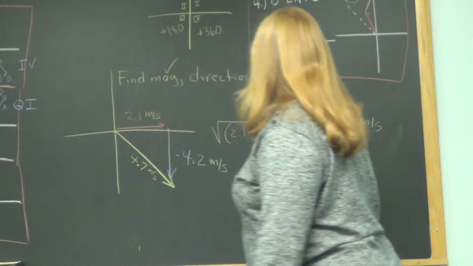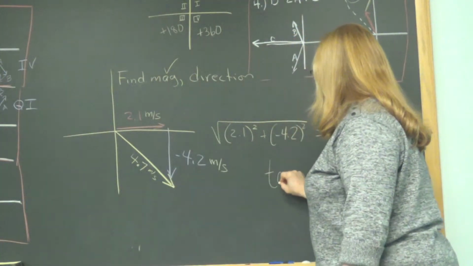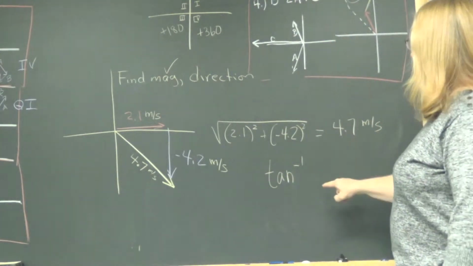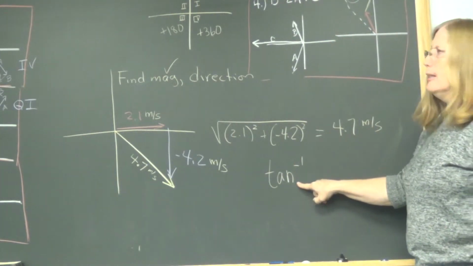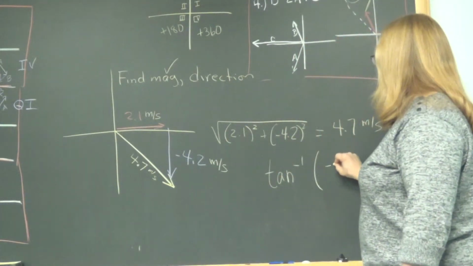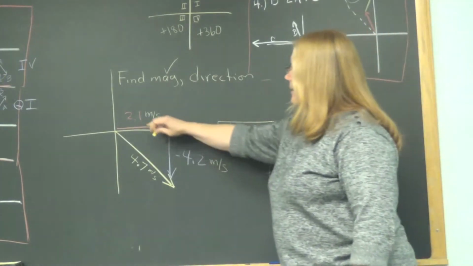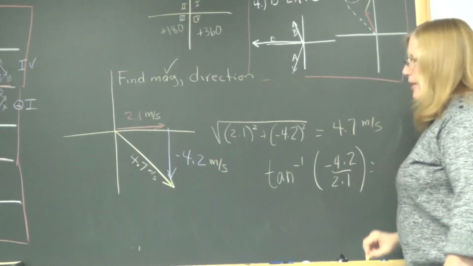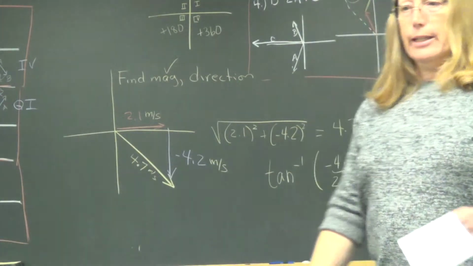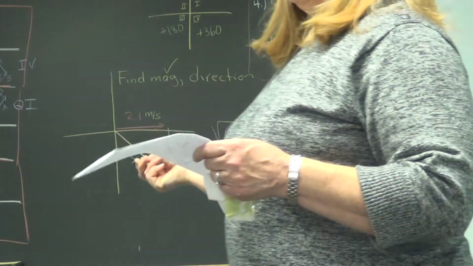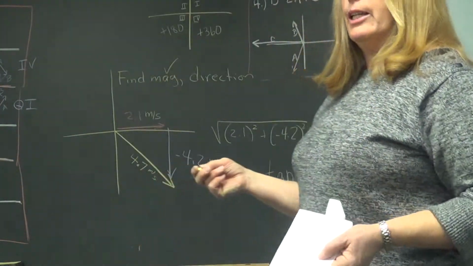To find the angle, we're going to hit tan inverse, the second function of tan. Your calculator will give you this symbol, and then you put in side opposite, negative 4.2, divided by side adjacent, 2.1. We went over that Friday; I'm doing it more quickly today. Do you get a negative, small angle when you do that?